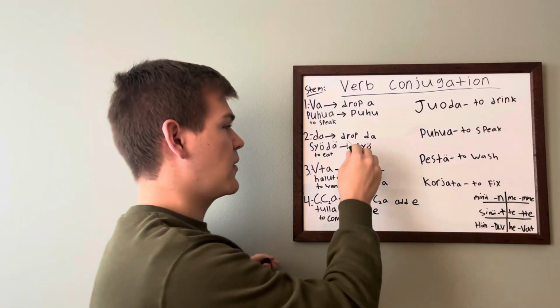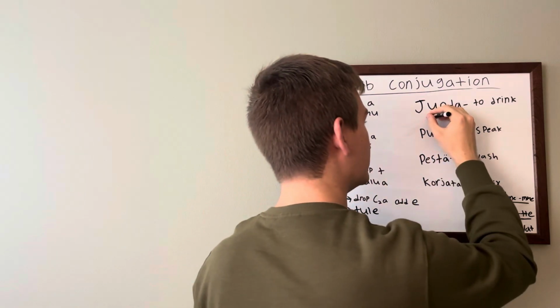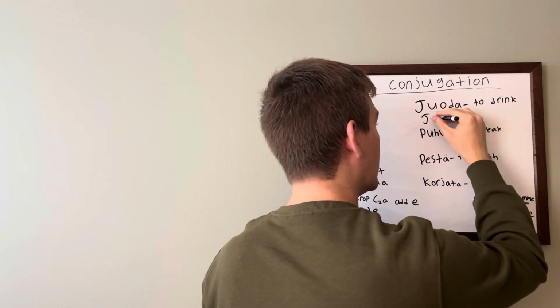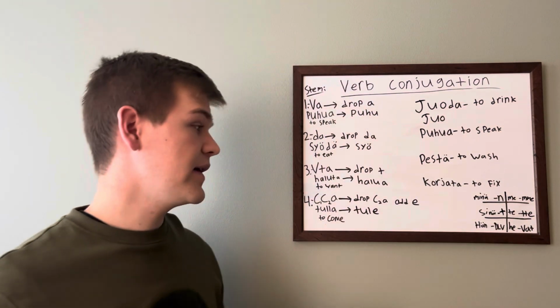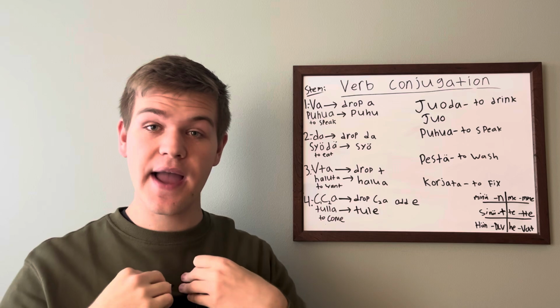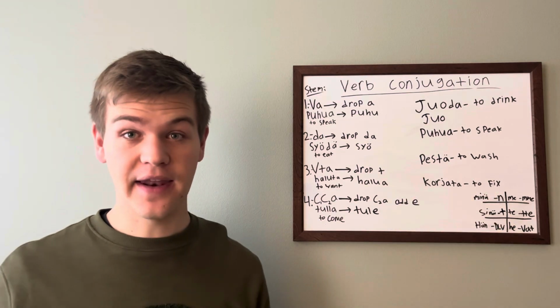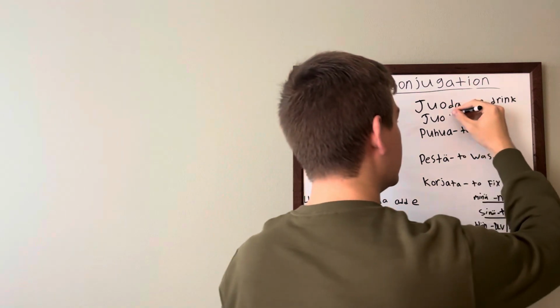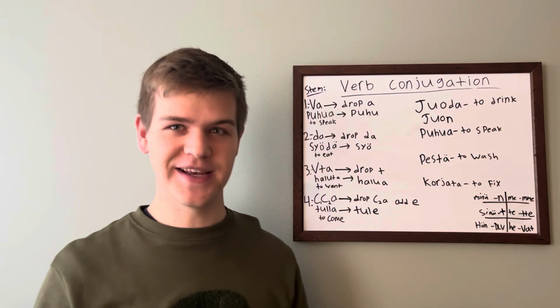With rule number 2, all we do is we drop the D-A. So that leaves us with juo. Then, since we're saying I, we can look at minä. Minä, the ending is an N. So all we do, now that we have the stem, is we can put that right on there. So minä juon is our correct answer.